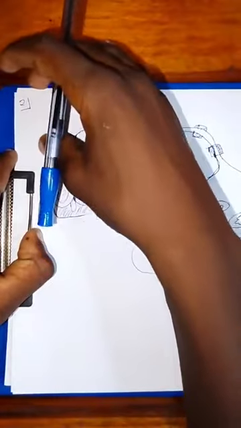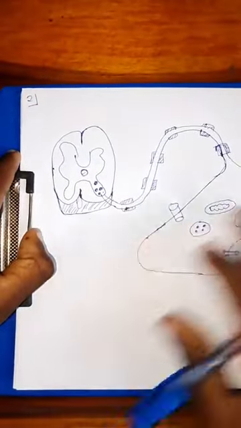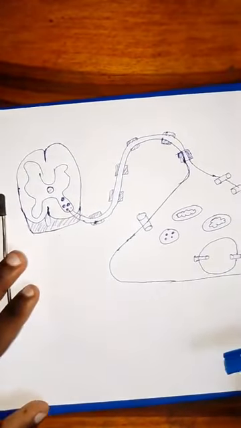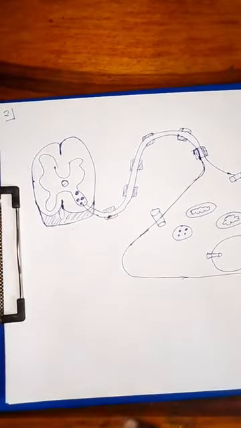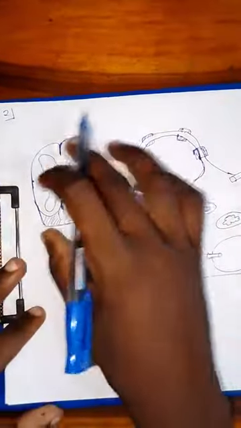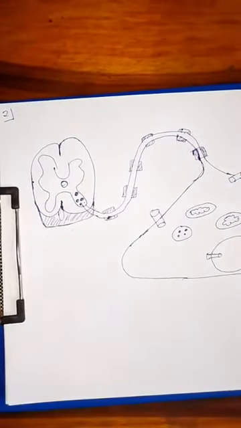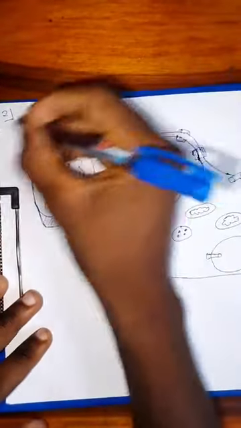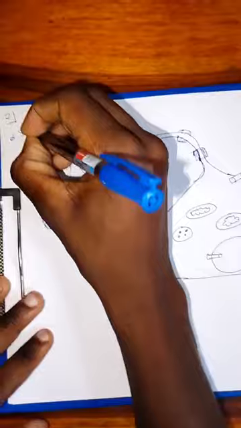Okay, so this is how the transmission is moving, how the information is moving. The information is coming from the spinal cord. What you are seeing here is a cross section of the spinal cord, which has just been sliced.